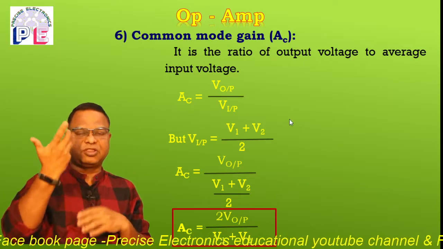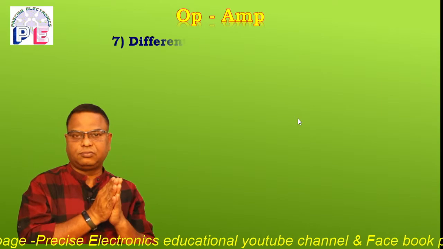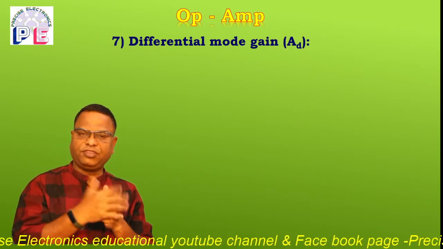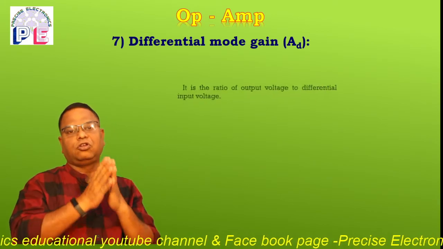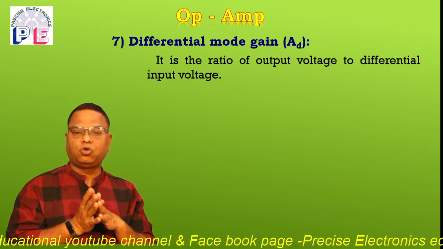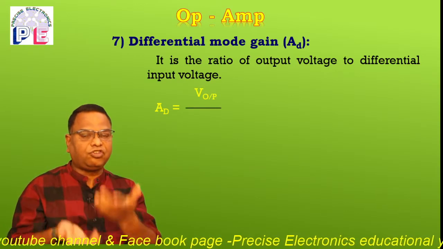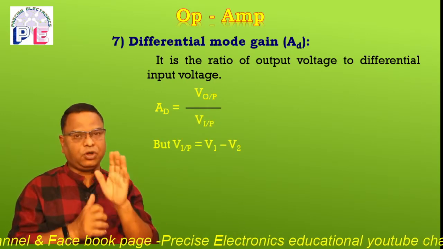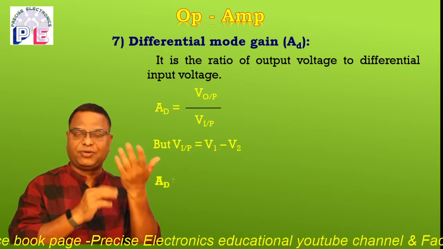Now the seventh parameter is differential mode gain, A suffix D. Once again, it is a ratio of output voltage to input voltage. So A suffix D is equal to V output upon V input. But friends, it is a differential mode. So in this case, V input is equal to V1 minus V2. But V1 is equal to minus V2 in differential mode.